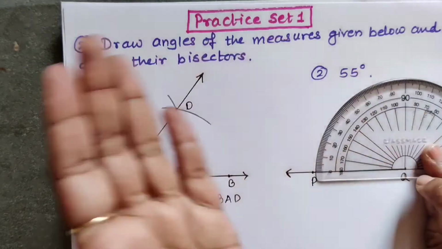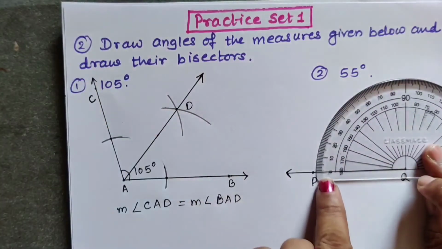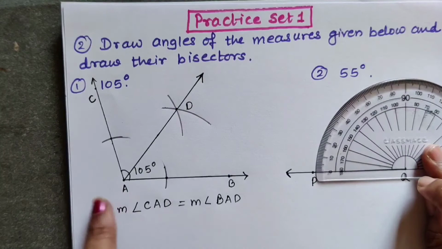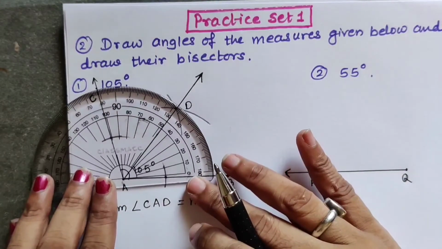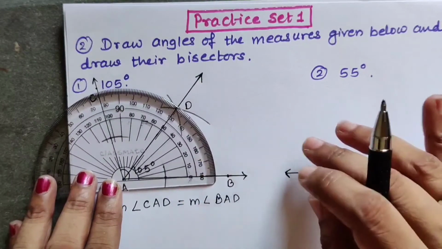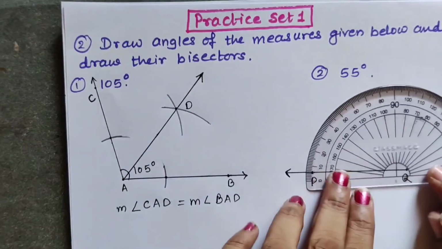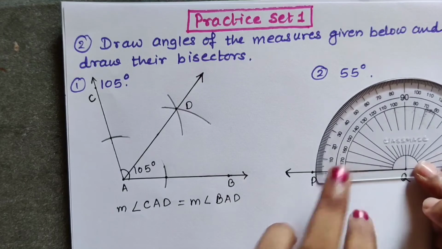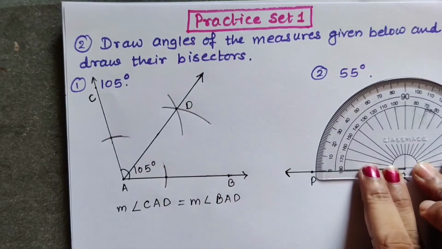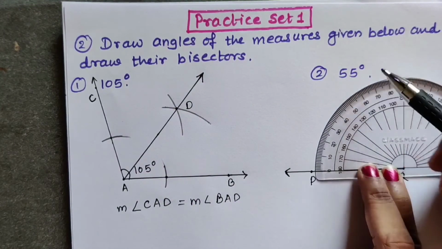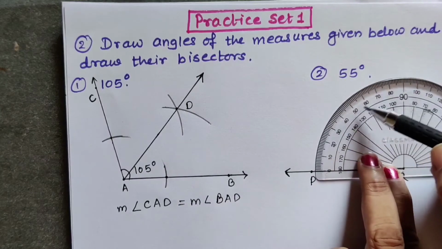Now the ray is on the left hand side, so I start counting from the 0 of the left hand side. Earlier, because my segment was on the right hand side, I started counting from the 0 of the right hand side. Now here my segment is on the left hand side, so I start counting from the 0 of the left hand side, till 55 I have to count. 0, 10, 20, 50 and 60.